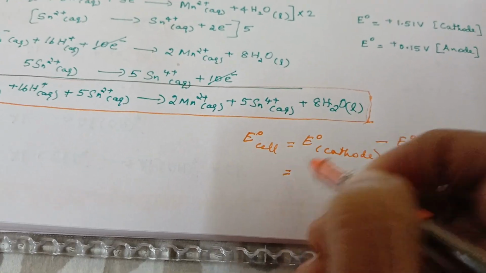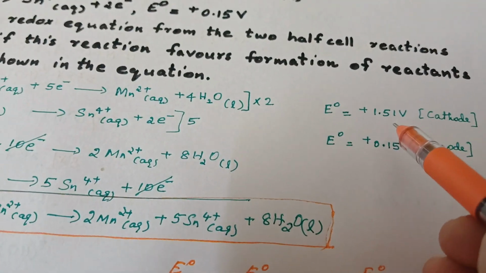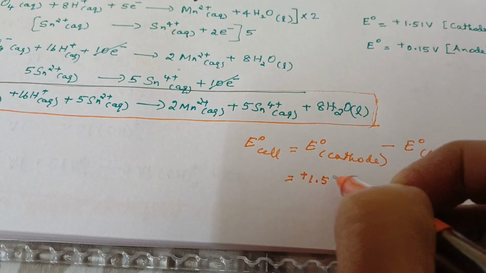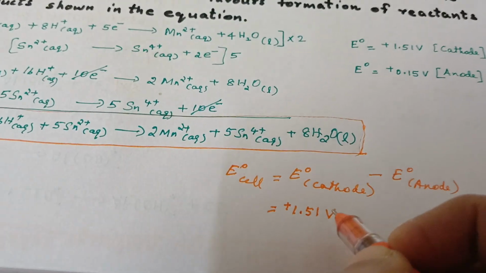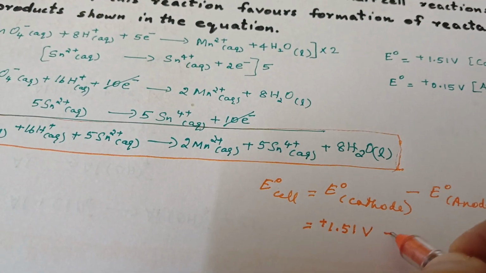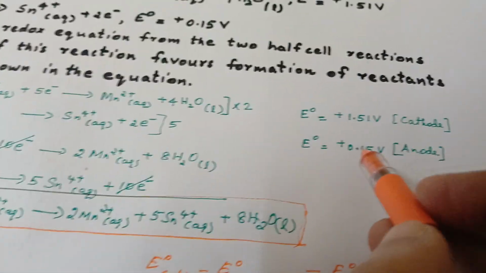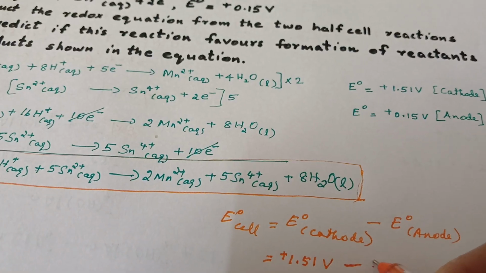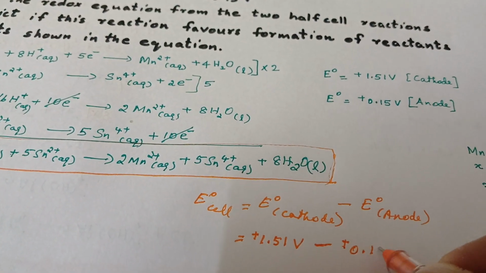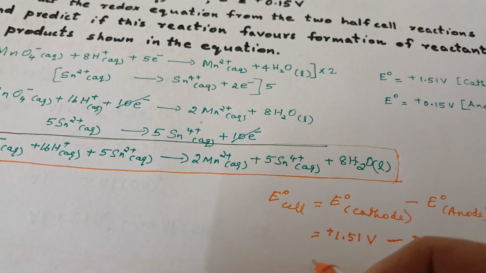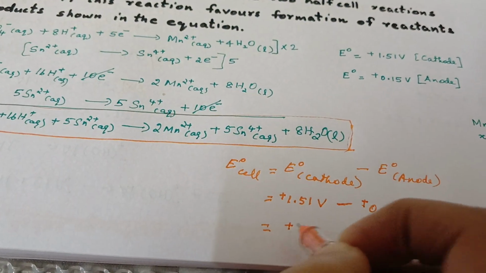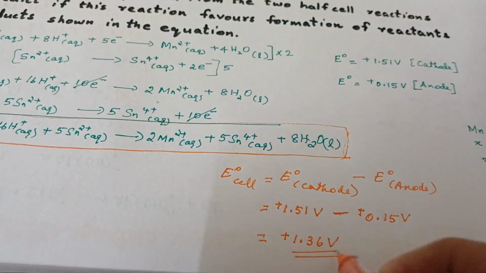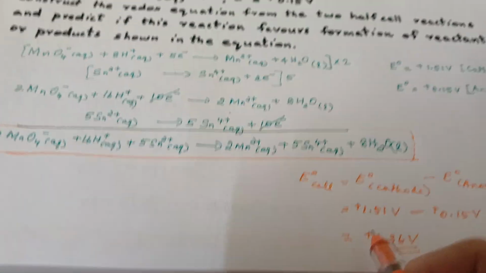Now the values are given to us: plus 1.51 volt is the E0 value of cathode, minus, here also there is a positive value, so minus plus 0.15 volt. That will give us plus 1.36 volts. So this you can see is a positive value.